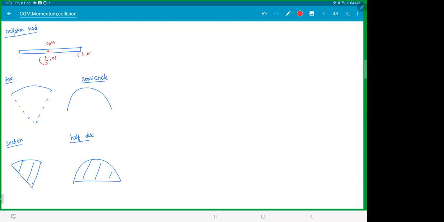This is L, 0, and this is 0, 0. This would be at 0, 2r sine theta by 2 by theta. This would be 2r by pi. This would be 4r by 3 theta sine theta by 2. This would be 4r by 3 pi.